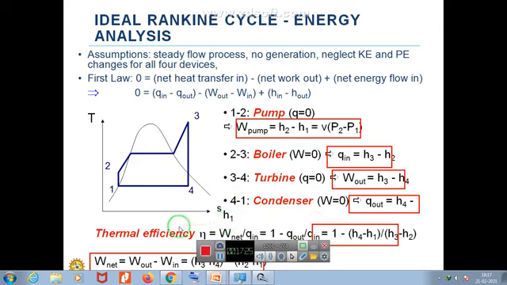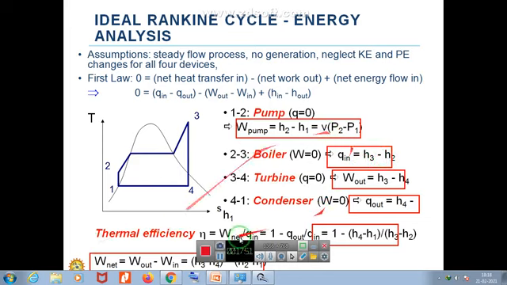So thermal efficiency is net work done by heat input. What is the net work done? Turbine work minus pump work, divided by the heat supply. We are adding heat in the boiler, H3 minus H2.